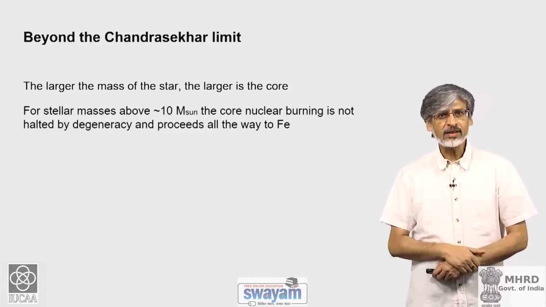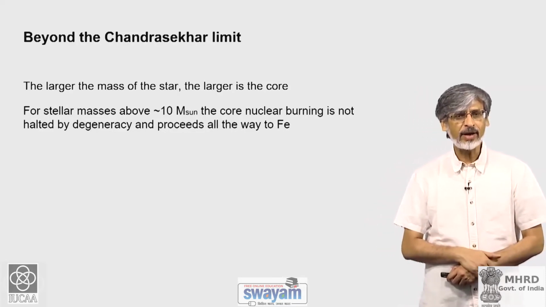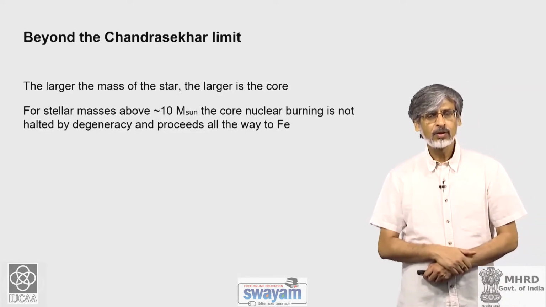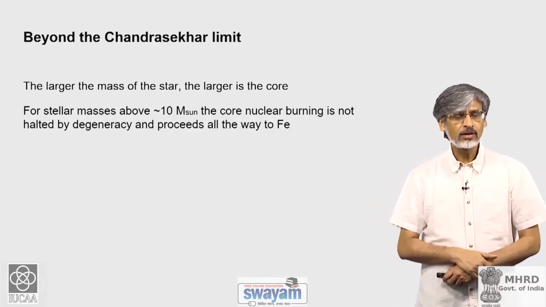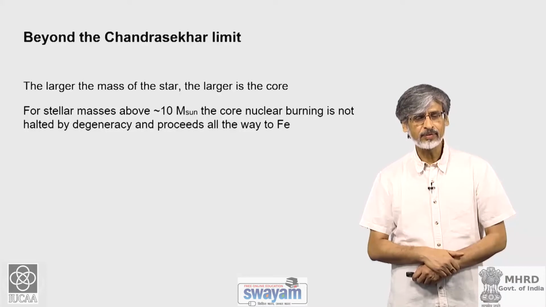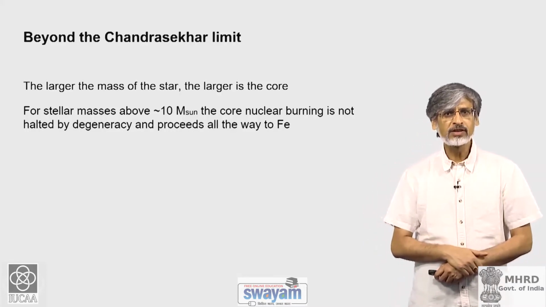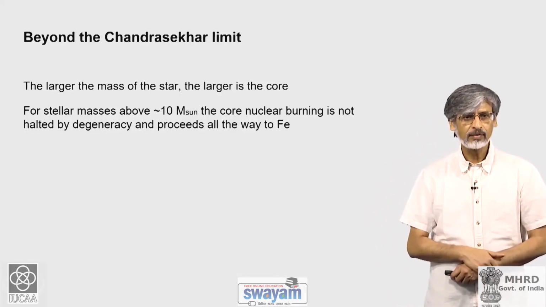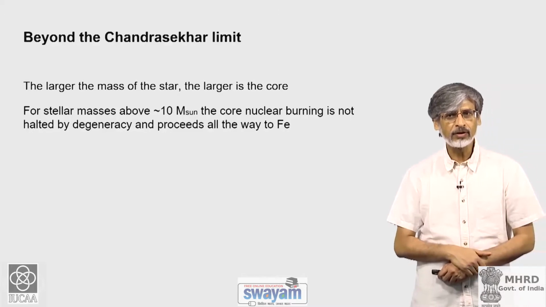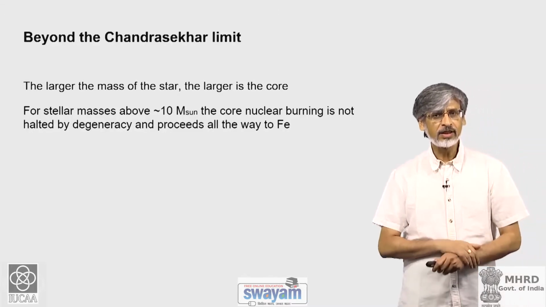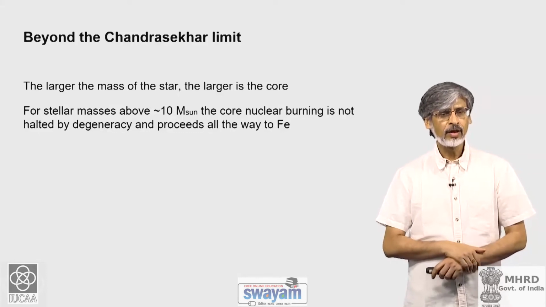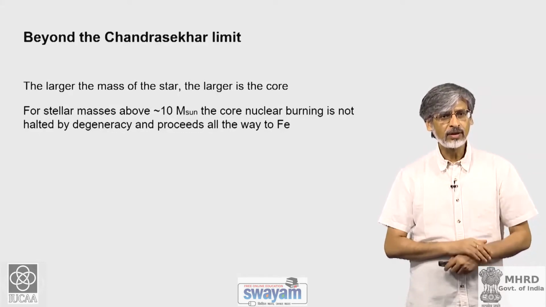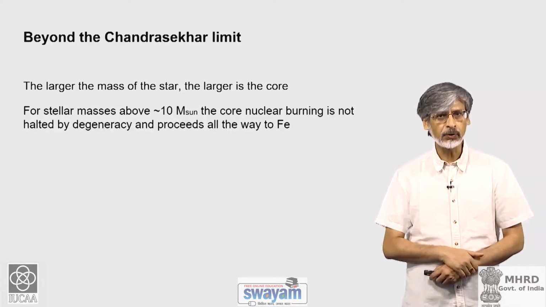For stellar masses above 10 times the mass of the Sun, we find that the core nuclear burning is no longer halted by degeneracy, and it proceeds all the way to iron. We have seen in the previous module how degeneracy can interrupt the nuclear burning stages, and the more massive the core, the more stages of nuclear burning it can go through.